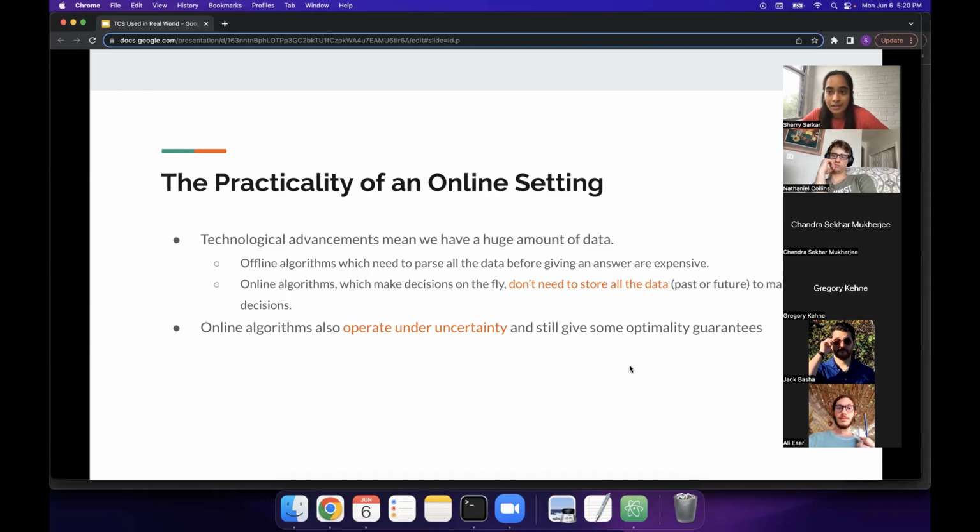They don't store all the data, only a very little amount. They don't need to see the entire past or the future to make decisions. In that way, online algorithms are able to operate under uncertainty and still give you something that's maybe only half as bad as the best answer. So in this case, we're willing to trade off a perfect answer for the robustness and flexibility that an online setting gives you.